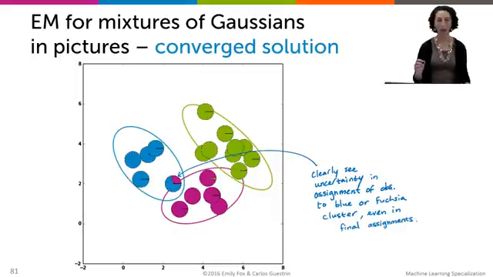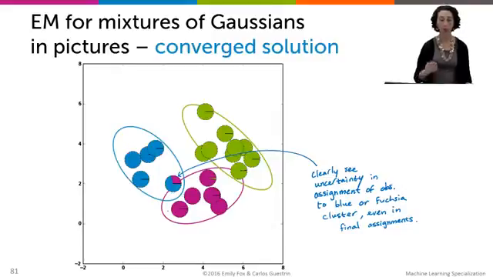And I want to emphasize that that's exactly what we want from this algorithm, in contrast to k-means, which would have made a hard decision about whether that observation was going to be associated with the blue cluster or the fuchsia cluster. Here, EM provides this sense of uncertainty about which cluster this observation should be associated with. And this is true for other observations as well, not as much as for this observation that's clearly on the boundary of these two clusters.